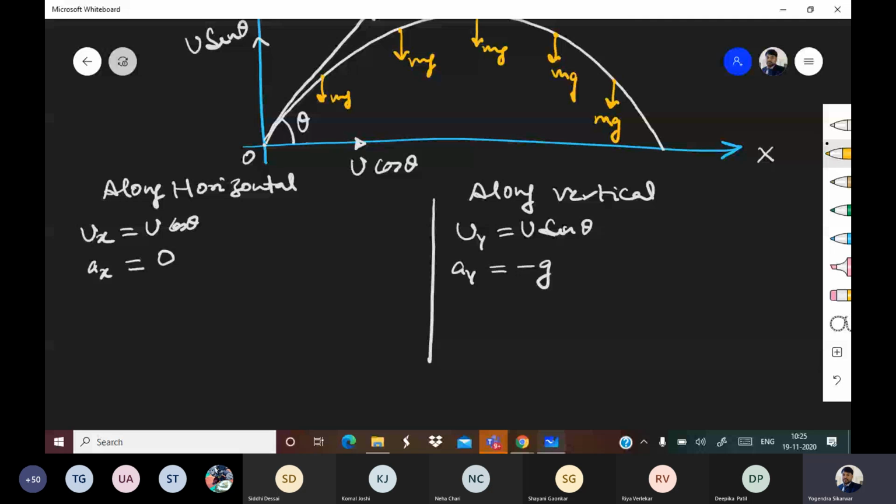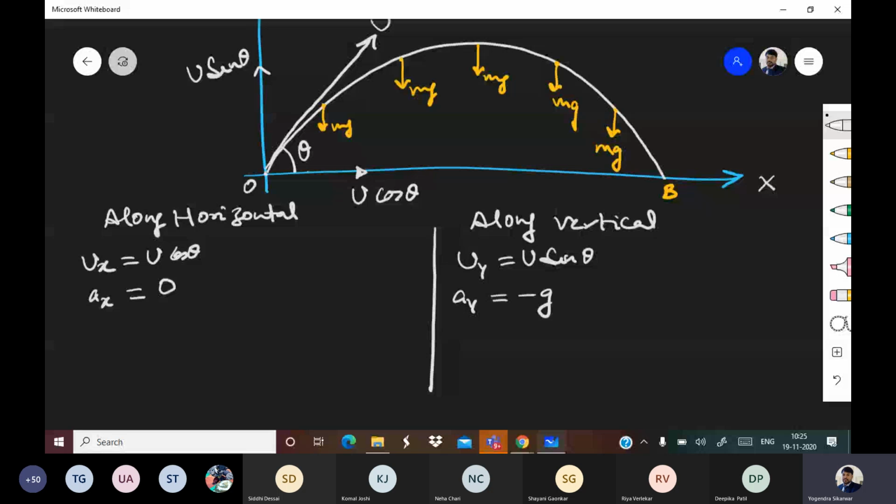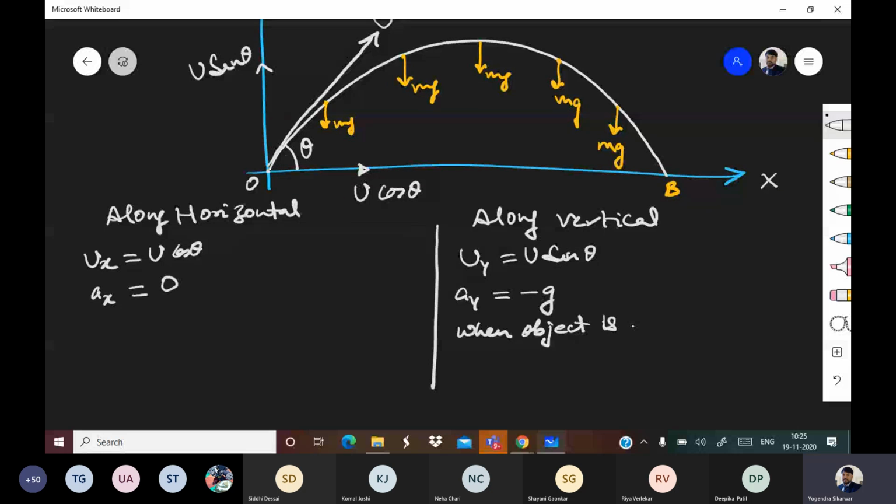All right. So what I am saying is that when the object is going from O to B, where point B is on the ground, Sy will be 0.